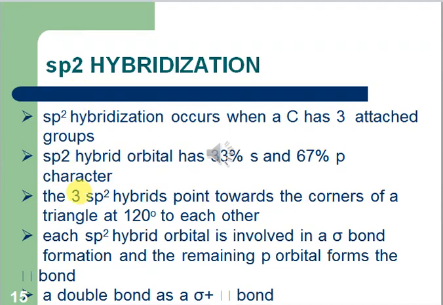The bond angle between these three sp2 orbitals will be 120 degrees, and each of the sp2 orbitals is involved in a sigma bond, while a pi bond is formed by the unhybridized p orbital. The double bond formed in sp2 hybridization has a sigma bond and a pi bond. So one bond is sigma, and the other bond is pi.